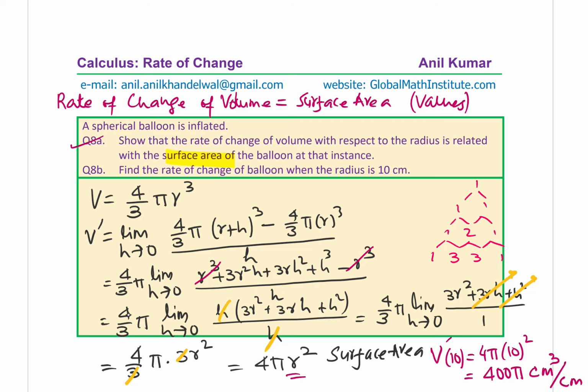So therefore the units are this, right? So remember, we are saying rate of change with respect to radius. Perfect. And we get this answer 400 pi centimeter cube per centimeter, right?